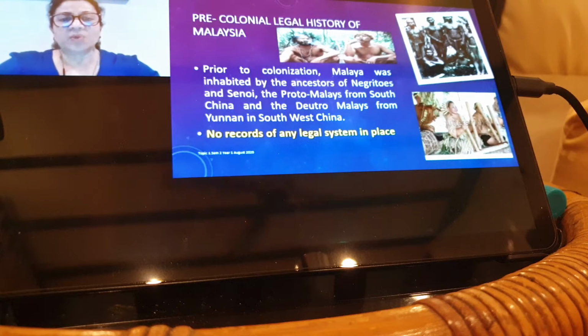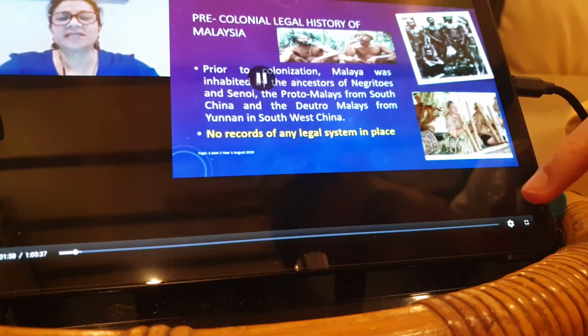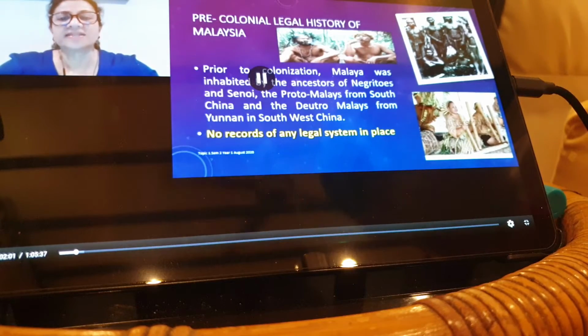Malaya was inhabited by the ancestors of Negritos and Senoi, whom we call Orang Asli or Orang Asal, the Proto-Malays from South China, and the Deutero-Malays from Yunnan in southwest China.